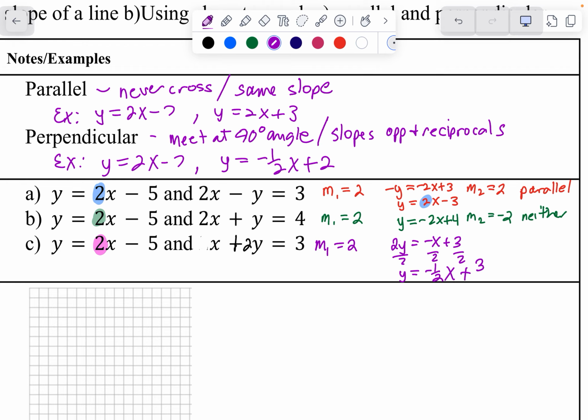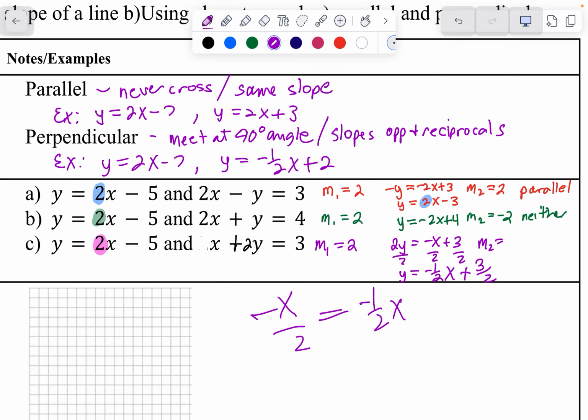Now look at the way I wrote negative x over 2. I wrote it as negative 1/2 x. You don't have to. If you recognize that your fraction would have a negative 1 on top and a 2 on the bottom, go for it, okay? What is the slope we just found of our second line? Negative 1/2.